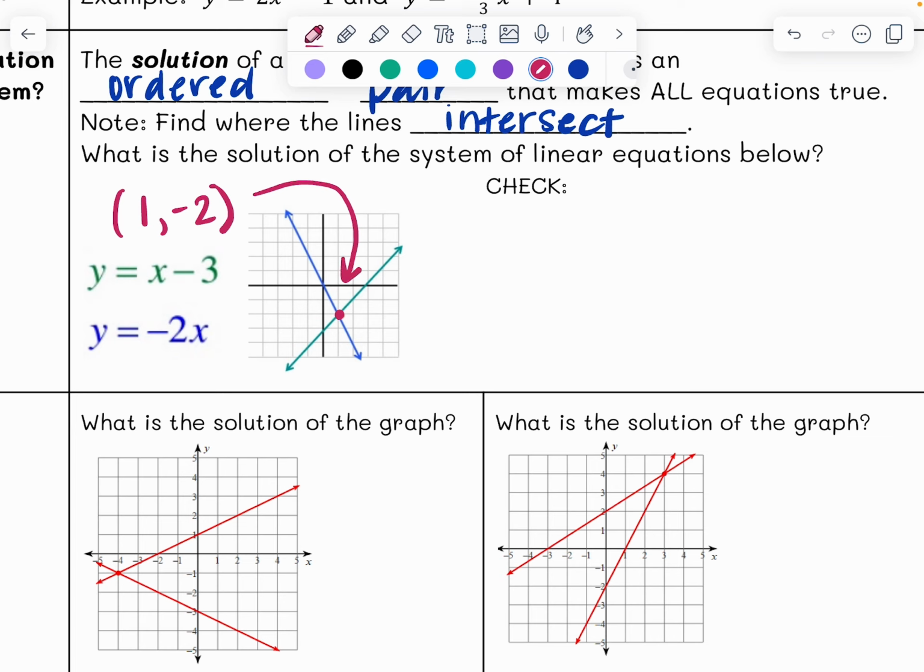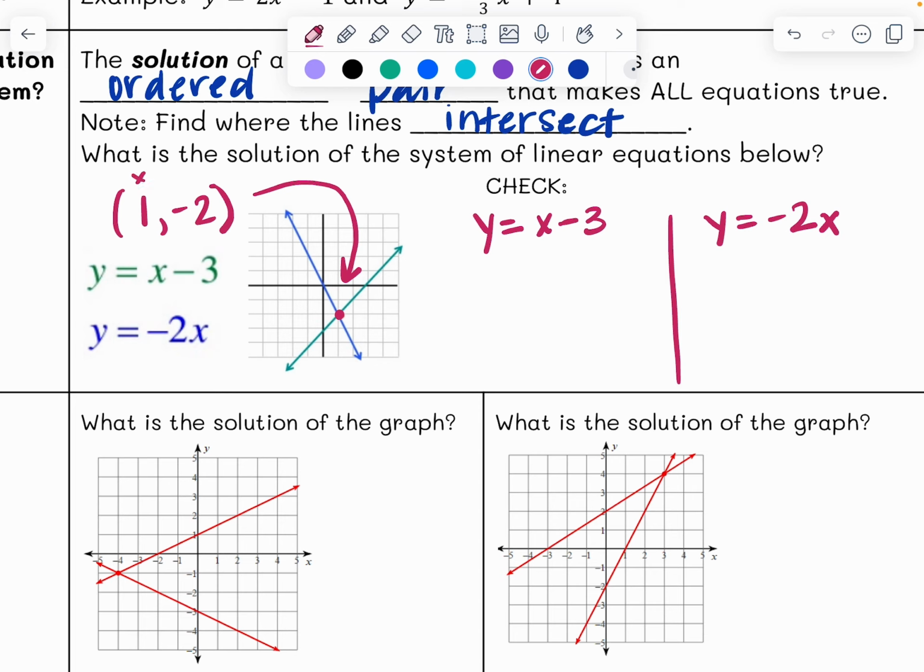So to check that, we need to make sure that that ordered pair works as a solution to the equation. So what I mean by that is I'm going to put my two equations here, y equals x minus 3 and y equals negative 2x, and I'm going to substitute in my ordered pair for x and y in the equations and see if it's true.